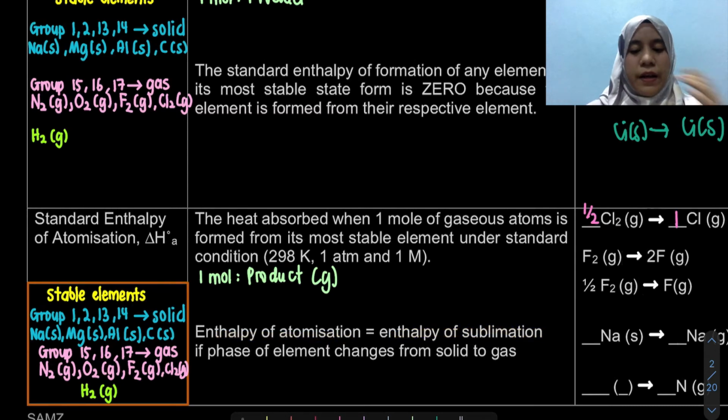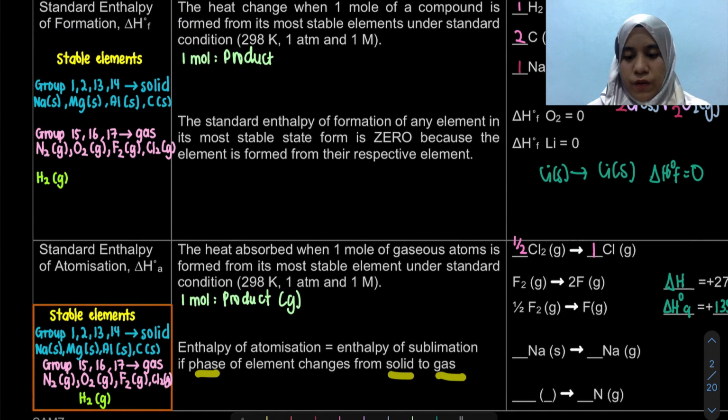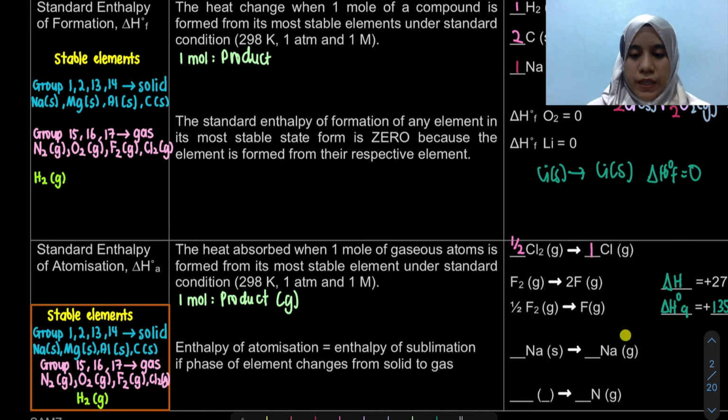Okay, why? Because for the specific element, sometimes it only changes the phase sahaja. The coefficient sama sahaja. For this specific case, is actually when the phase is changing from solid to gas. So for this, for example, we have our sodium gas. Okay, here jadi 1 mole.